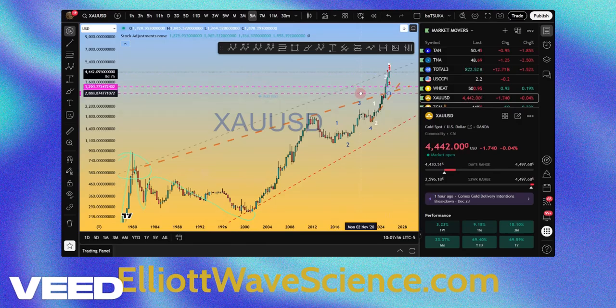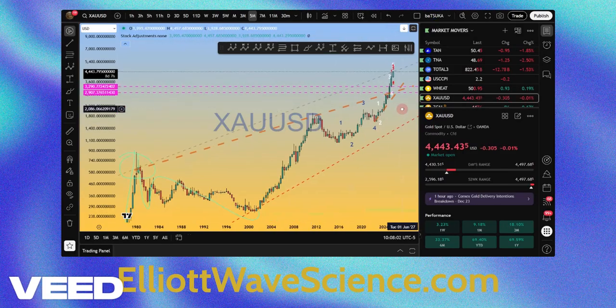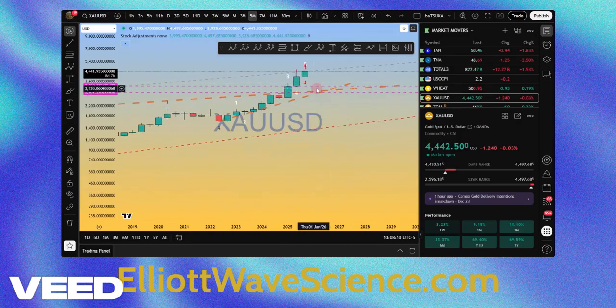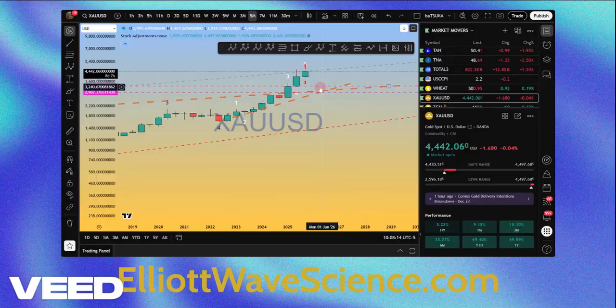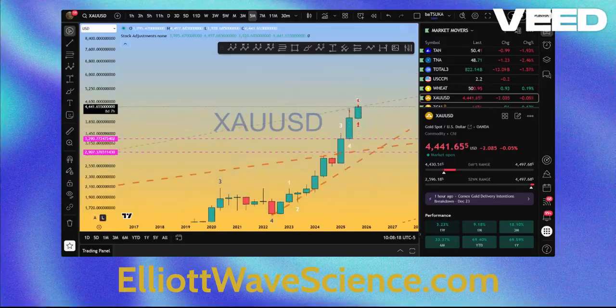I like to use pink to signify the sweet spot. But I think gold will reach back down to about 3,300 or 2,900, and I think that'll be between Q1 and Q2 of 2026.